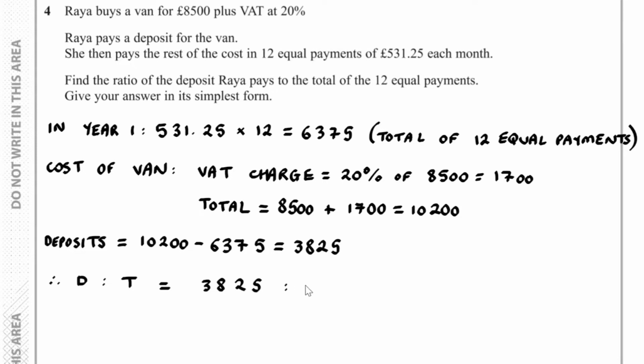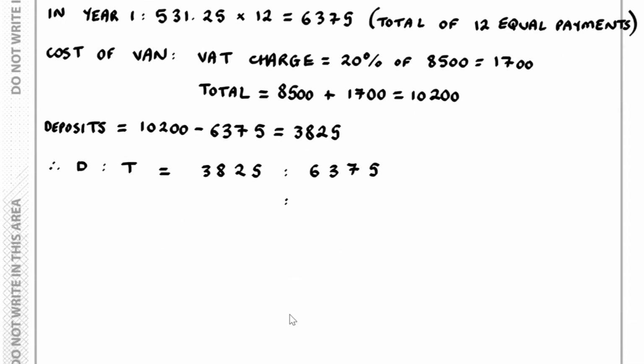3,825 to 6,375. Now, if we divide both sides by 25 to begin with, we end up with 153 to 255.